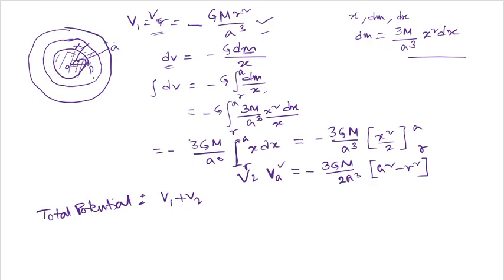So we took small thin shells and integrated, and came up with this formula: 3GM by 2a cubed times a squared minus r squared. Now the total potential is the sum: minus GM r squared by a cubed, minus 3GM by 2a cubed, into a squared minus r squared.